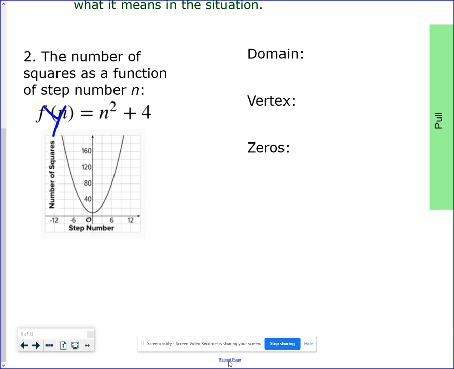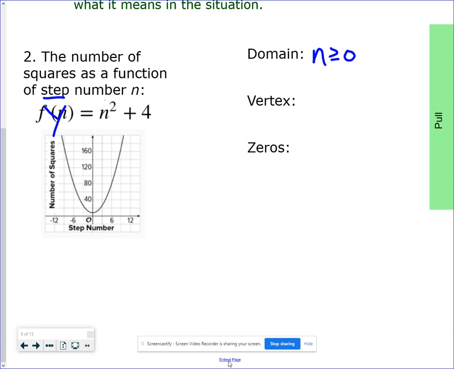But remember, this is actually talking in this situation about a step function. I don't have negative steps in a step function. I can have 0, but I don't have anything that would be negative. So the n for the step function would have to be greater than or equal to 0.